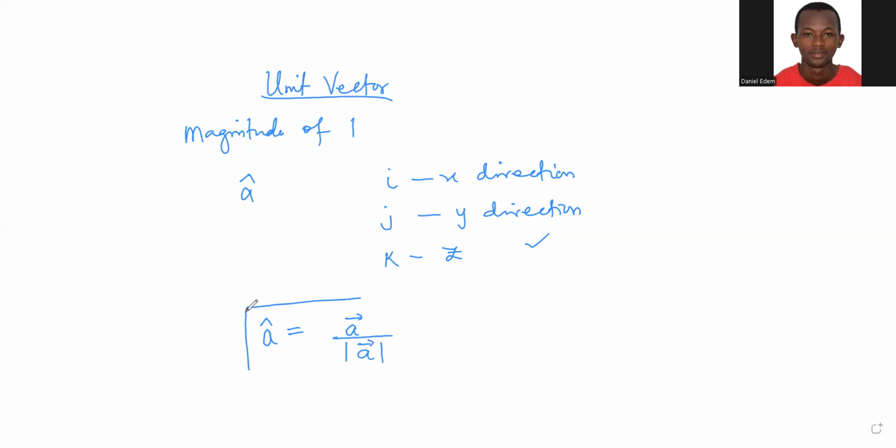So this is the unit vector formula. So a cap is equal to the magnitude at the denominator, then the vector at the numerator. And so let's take an example and understand this unit vector.